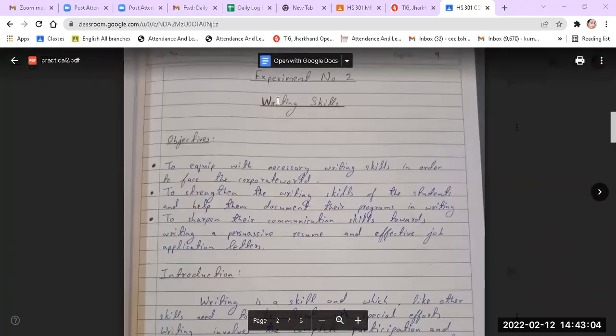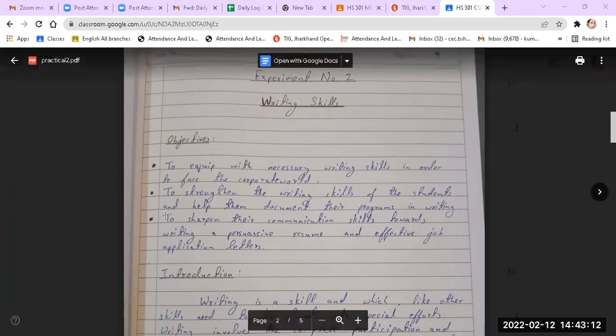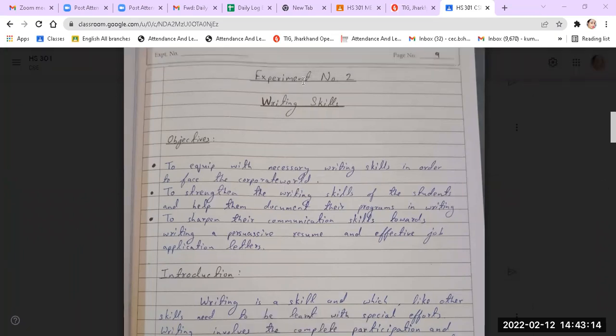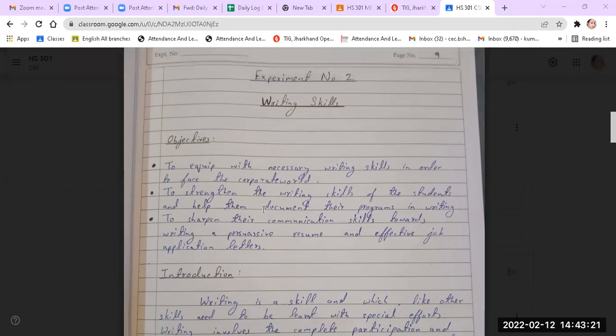Please take the screenshot. That is your writing skills. The objective is to equip with necessary writing skills in order to face the corporate world. To state our objective, look at how he has written it, with a black pen and blue pen. You have to write in this way.